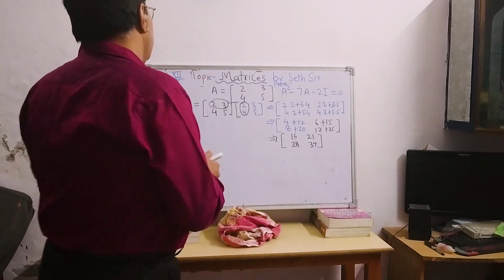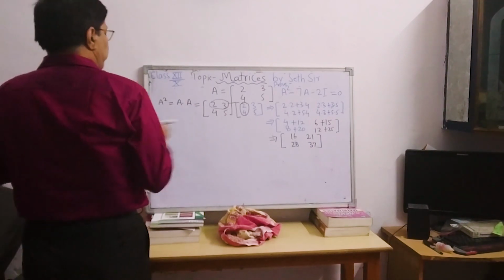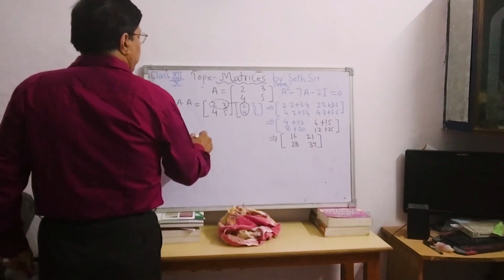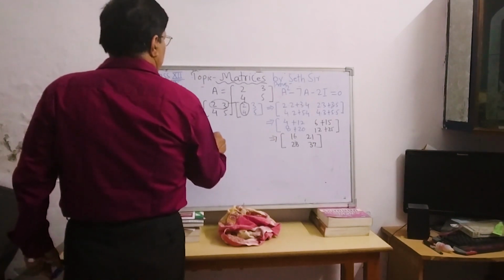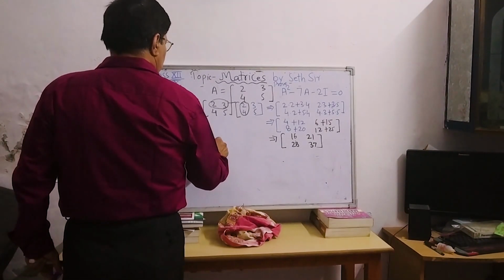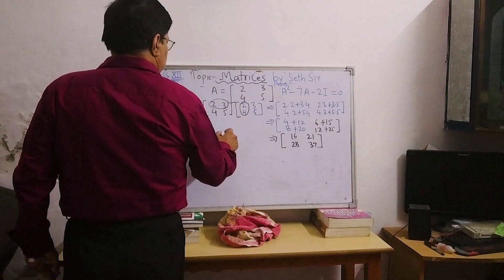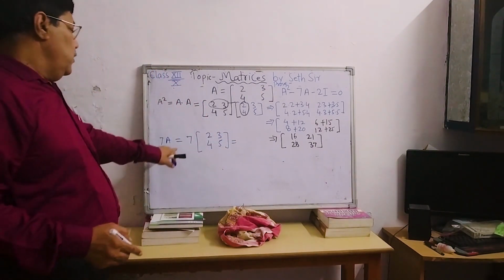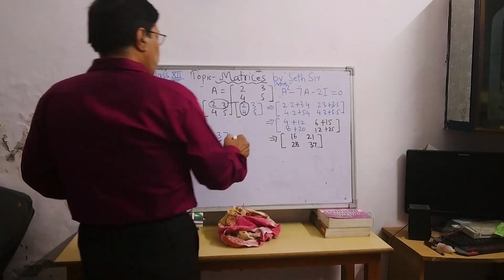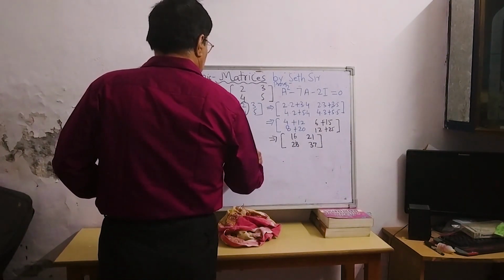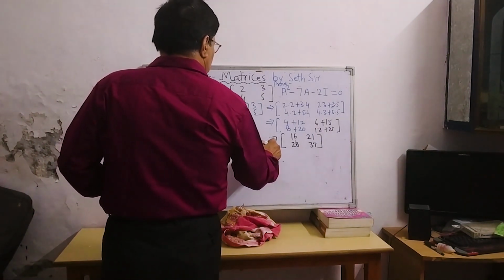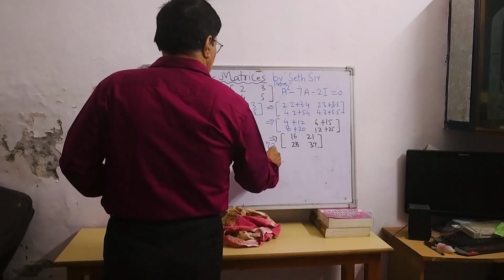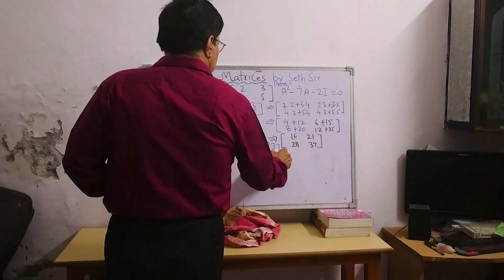A is already given; to find out 7A, this will be 7 multiplied by A, and A is 2, 4, 3, 5. How will you multiply it? 7 by 2, so what will come? 7 into 2, then 7 into 3, 7 into 4, 7 into 5.